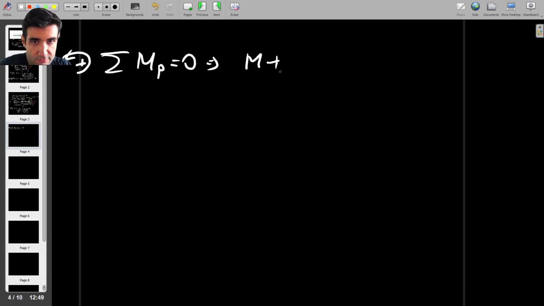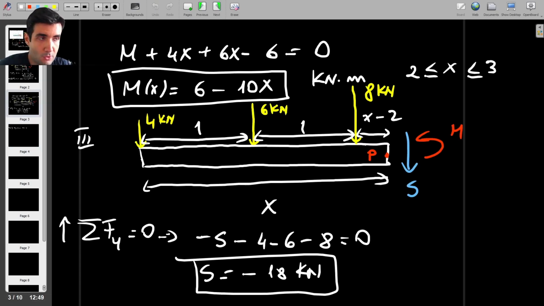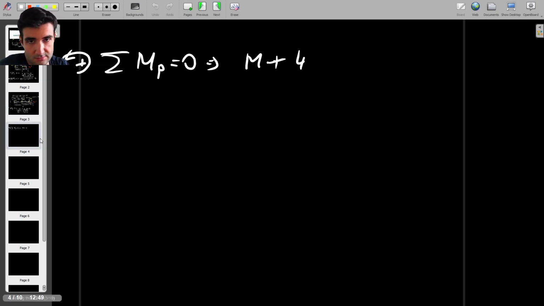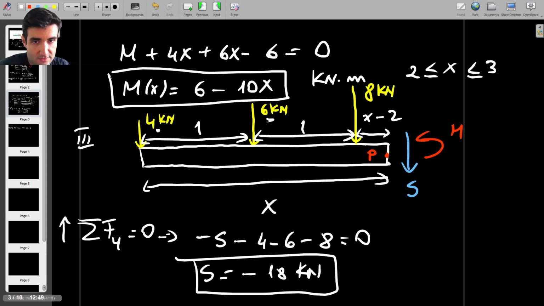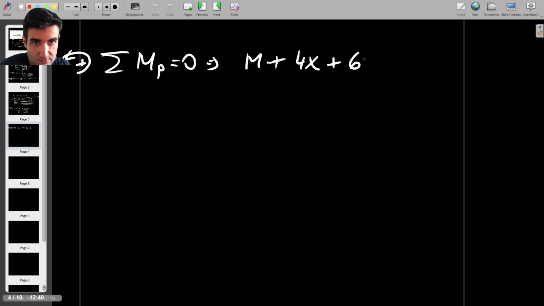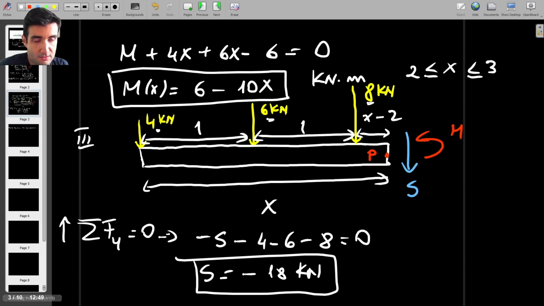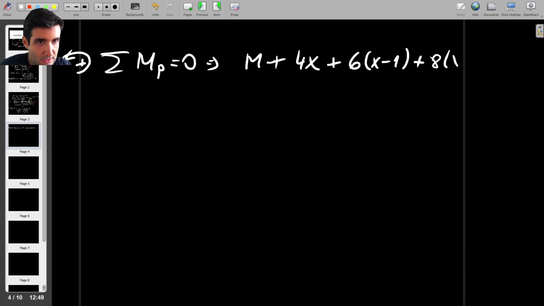So we have plus 4 multiplied by the moment arm of this, which is x. Then we have this force, and the moment arm of this is x minus 1. And the moment arm of this is x minus 2. So plus 8 times x minus 2, and this is equal to 0.